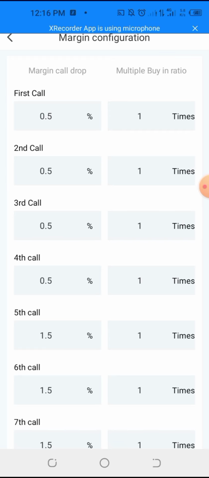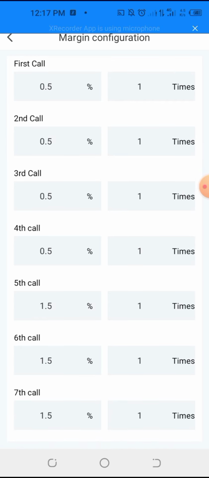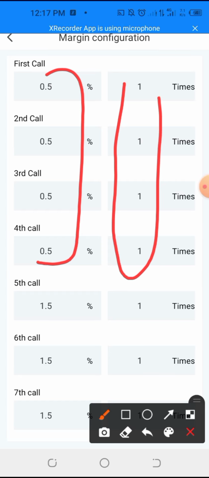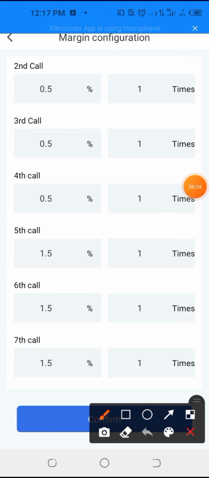If you go down by another, that is the second call, that means if it goes down by 1%, you buy another $50. If it goes down to 2%, the addition of 0.5, 0.5, 0.5 is 2%, then you should buy, that is 50 times 4, $200. If it goes down again by another 1.5 plus 2, that is 3.5, you should buy.